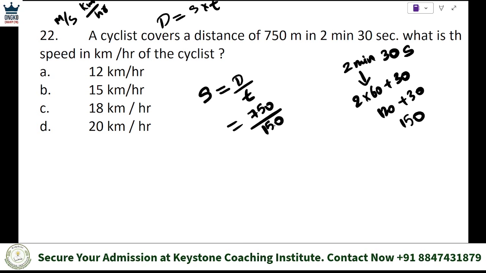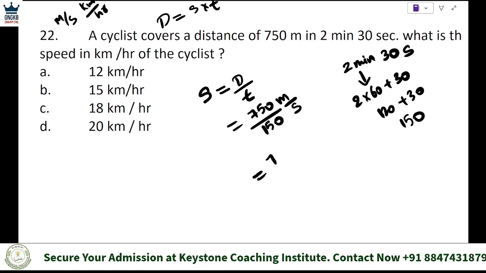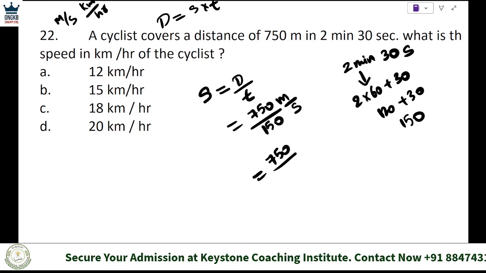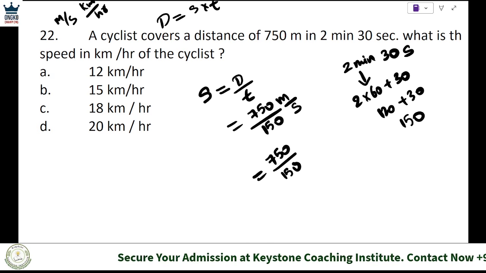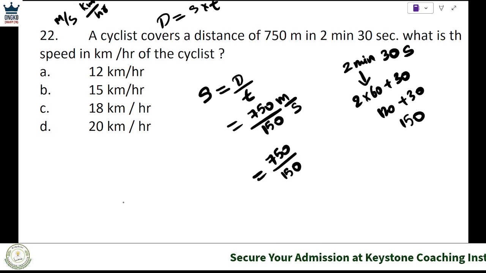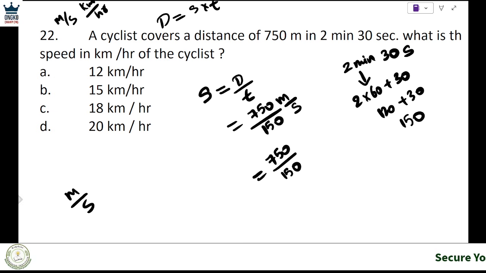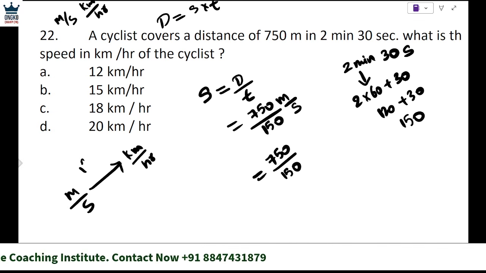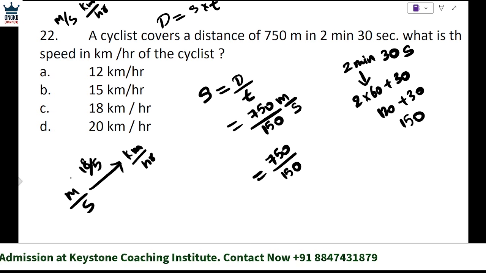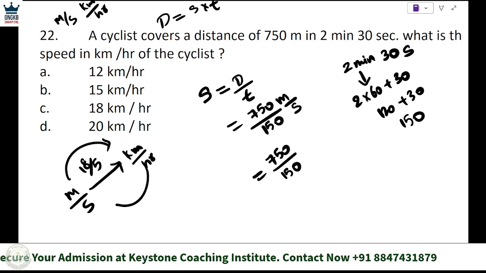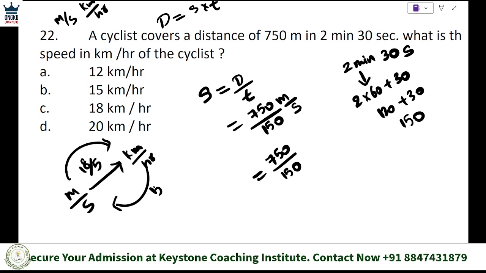750 meters in 150 seconds, so this is in terms of meter per second. To convert meter per second to kilometer per hour, we always multiply by 18 by 5, and vice versa, kilometer per hour to meter per second, it's 5 by 18.